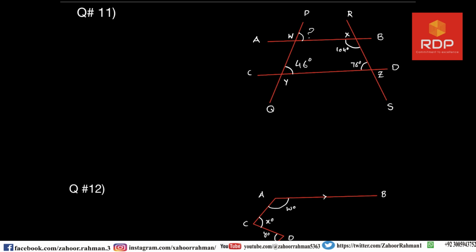So ladies and gentlemen, can I write this as, since AXS plus CZR is equal to 104 degrees plus 76 degrees is equal to 180 degrees.